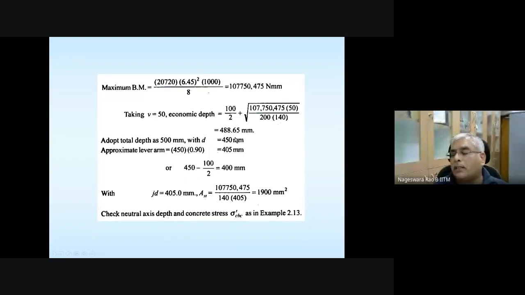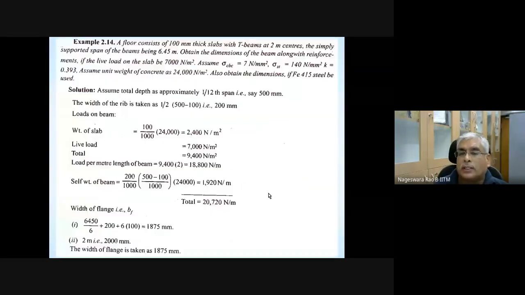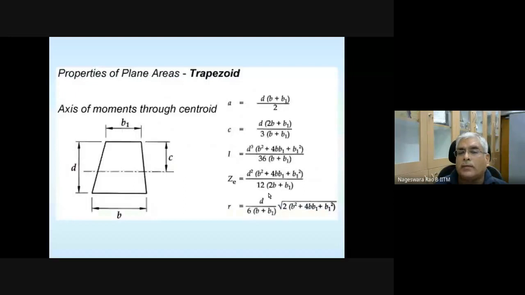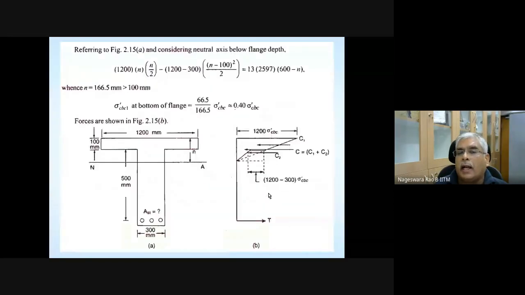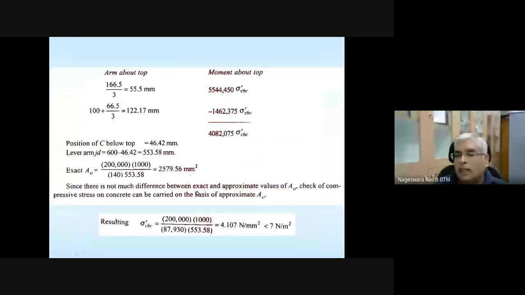Once you got this effective depth, you can find the approximate value of lever arm. As we saw in the last class, once you get the approximate value of lever arm, you get the area of steel, and then you need to go through that entire process. Once you get the area of steel, you need to calculate the neutral axis depth, and all this procedure you need to repeat, and then find the area of steel, and see whether the area of steel has converged or not.